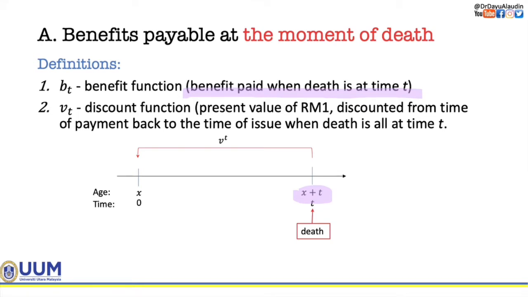While VT, the discount function, is the present value of 1 ringgit discounted from the time of payment back to the time of issue, when death is at time T. VT finds the present value at t equal to 0, or time of issue.